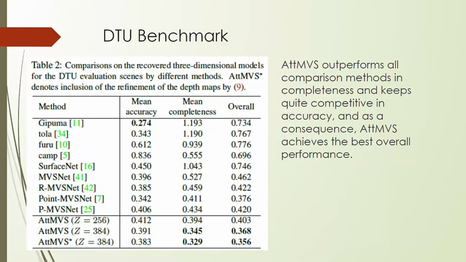The table evidently shows that our attention-based MVS has outperformed other models by a significant margin. By increasing the value of Z, we have seen an overall improvement in performance.